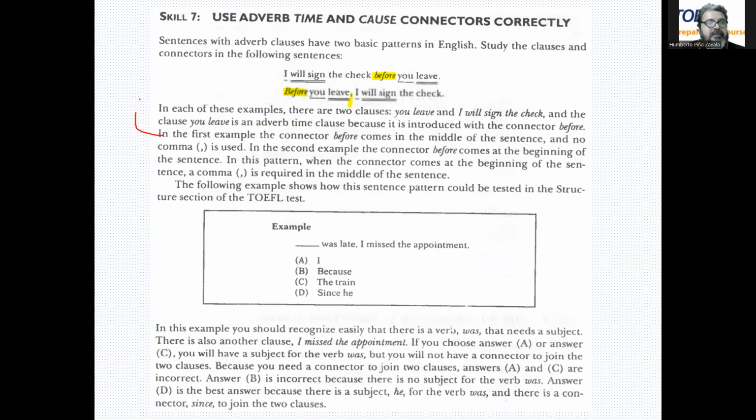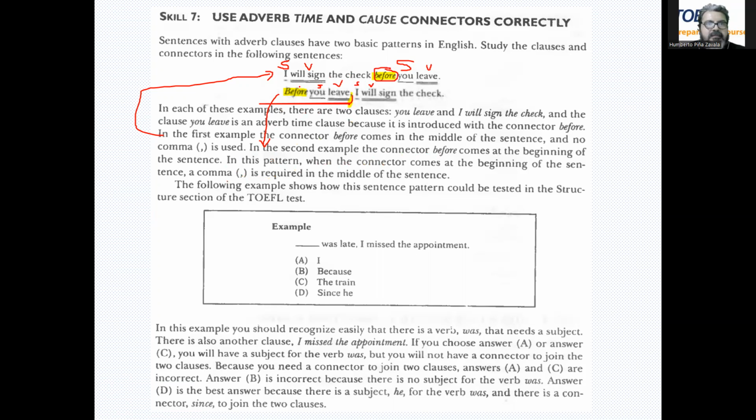In the first example, you can see there, the connector before comes in the middle of the sentence and no comma is used. We have I, subject, will sign check before you leave. Right? In the second example, the connector before comes at the beginning of the sentence. In this pattern, when the connector comes at the beginning of the sentence, a comma is required in the middle of the sentence, right?